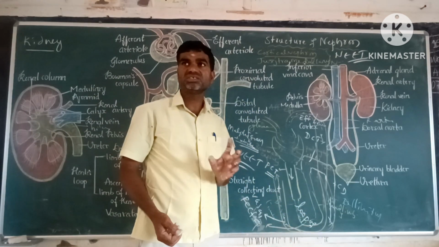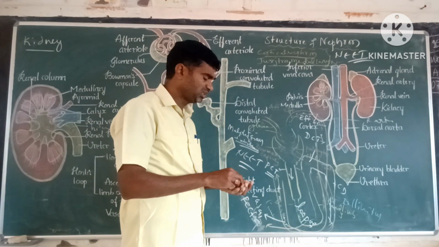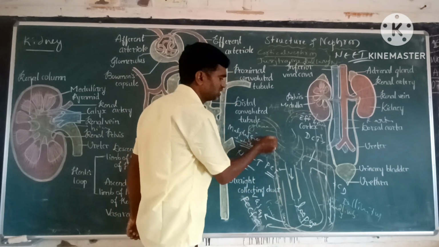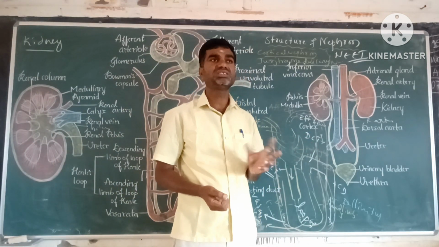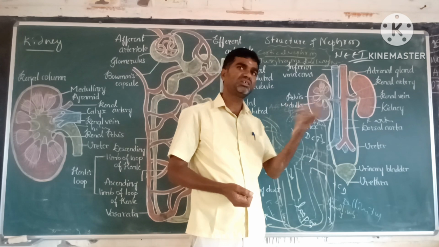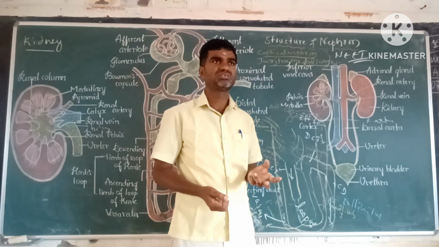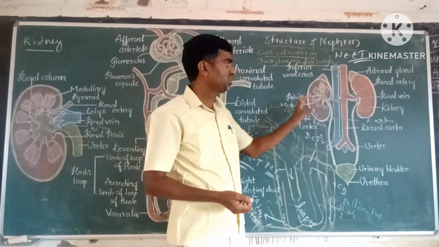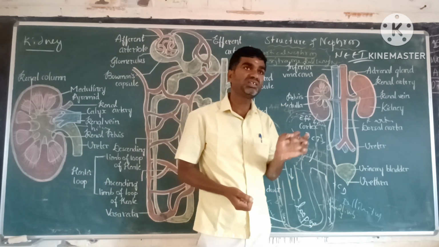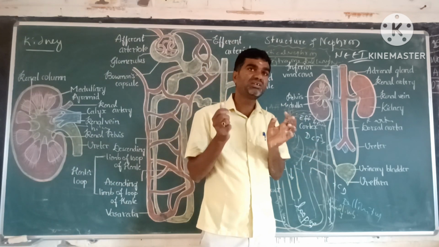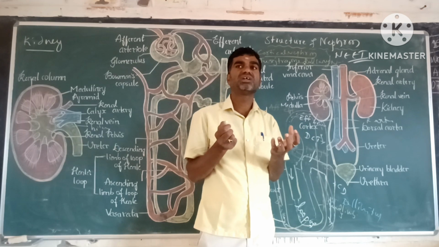Now, the vasa recta is a U-shaped structure, and blood is coming through the vasa recta into the various renal arteries and renal veins. Likewise, blood is supplied into the efferent renal arteriole through the Bowman's capsule and the next region.